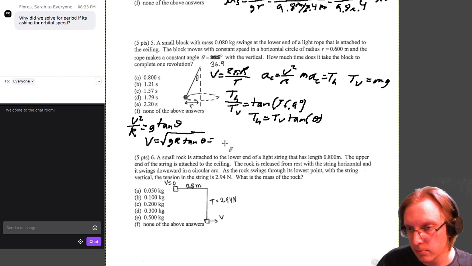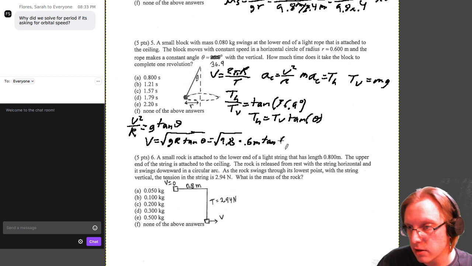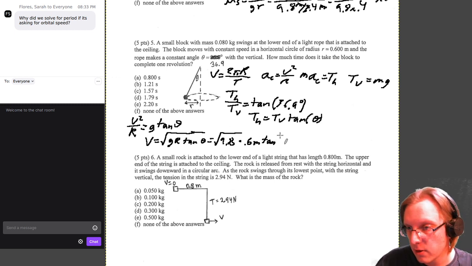Let's compact that down into a number: 9.8, radius 0.6 meters, tan of 36.9 degrees.